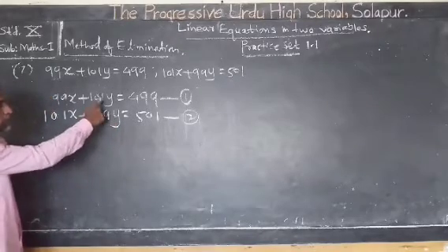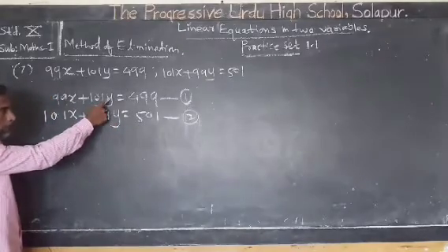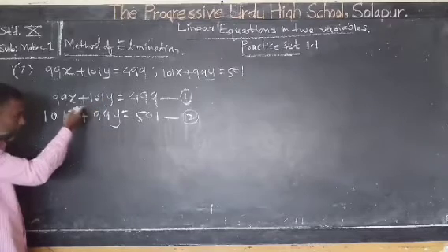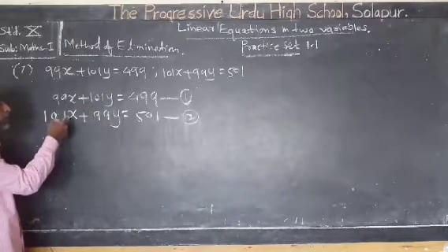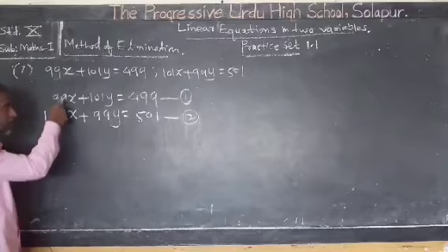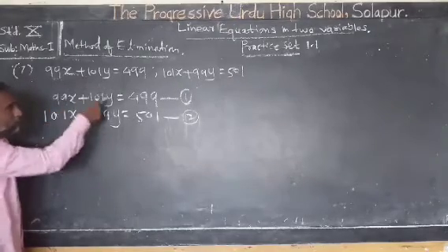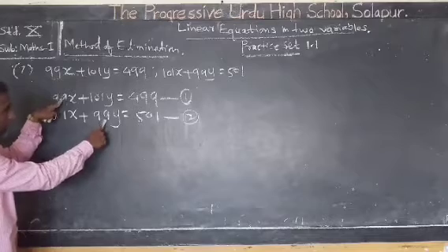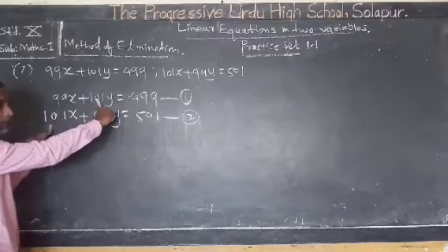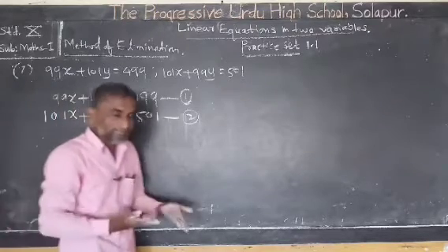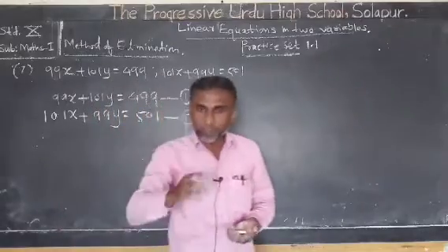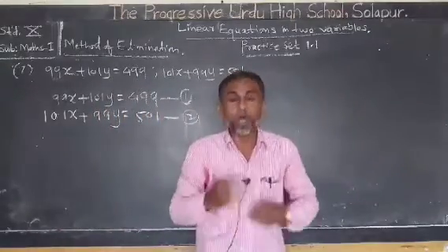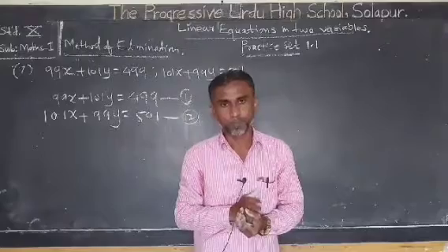Similarly, in the first equation, the coefficient of y is 101, and in the second equation, the coefficient of x is 101. That means in both the equations, coefficients are interchanged: 99, 99, 101, 101.